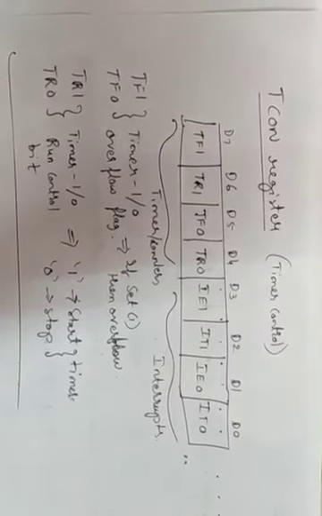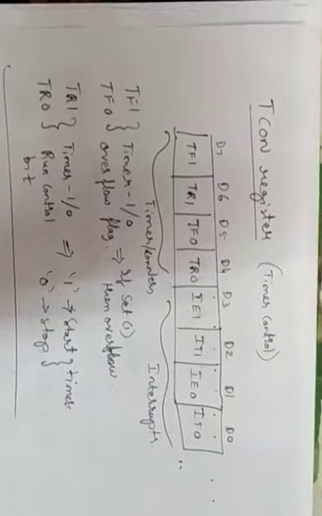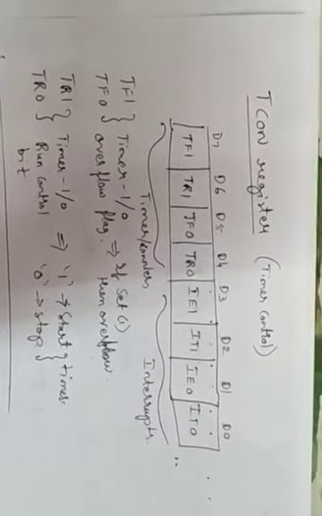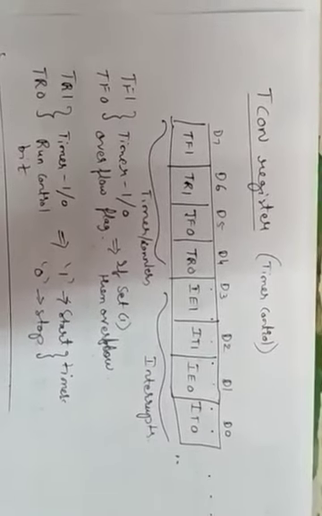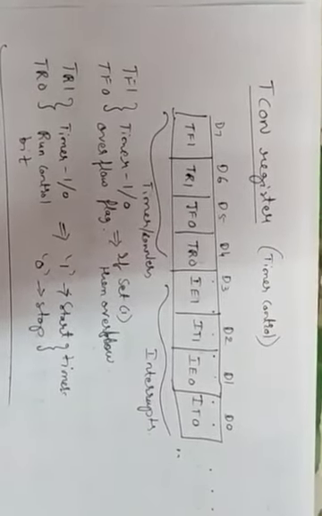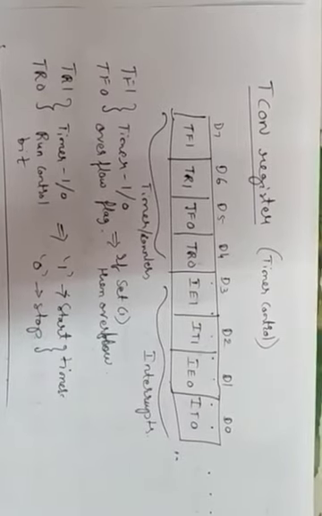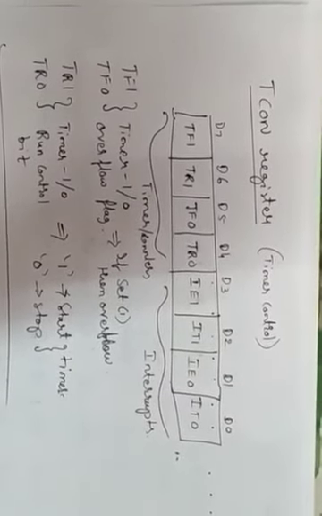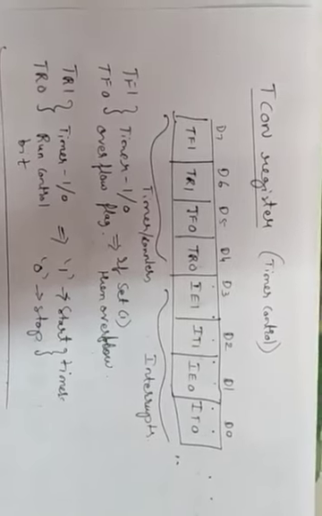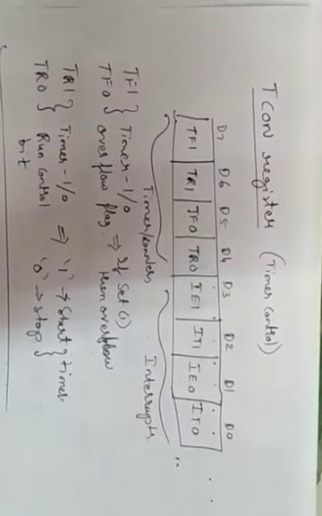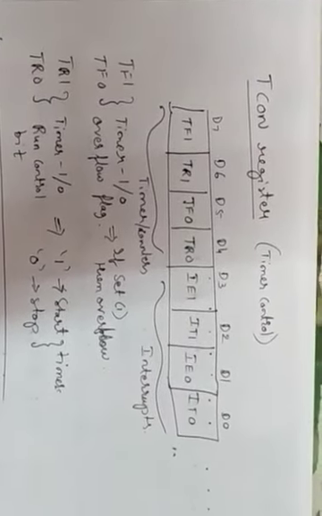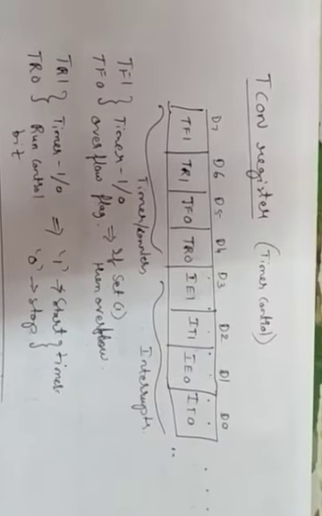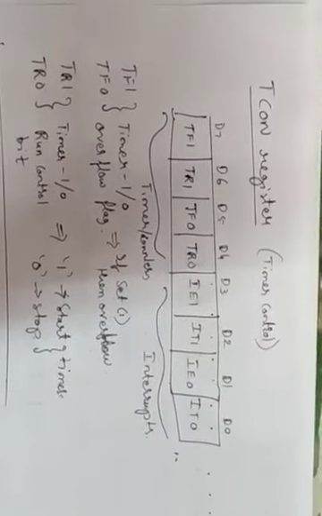That particular action we call rollover, or you can say overflow, and when that happens the TF flag becomes 1. If the TF flag becomes 1, the program comes to know that overflow has occurred. So TF1 and TF0 are just for indicating that there is an overflow.